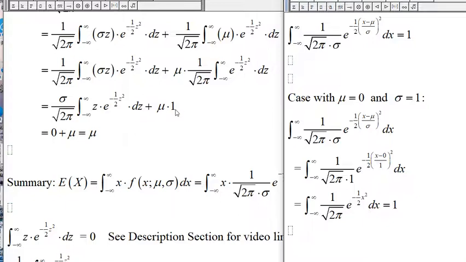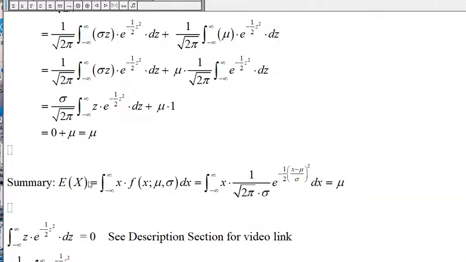And so that's how we end up with 1 here. And so mu times 1 is just mu. And therefore we have just shown that the expected value of the random variable x is equal to mu.